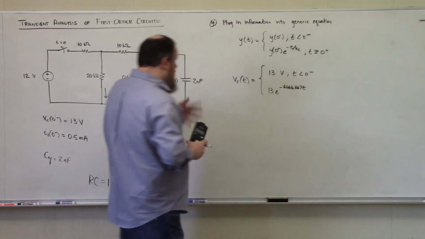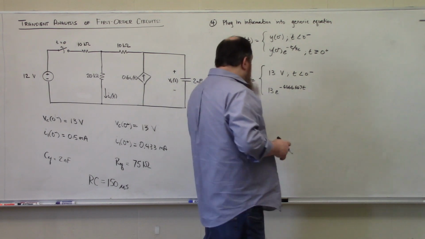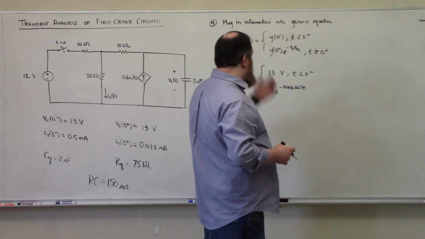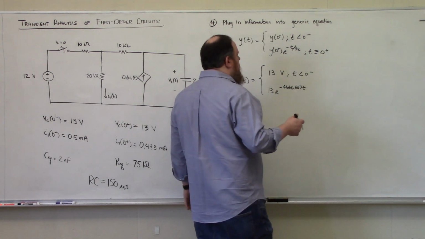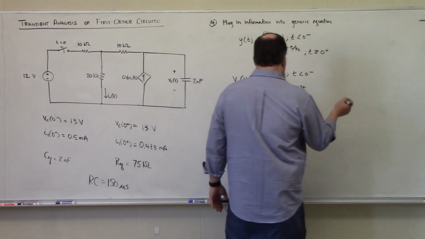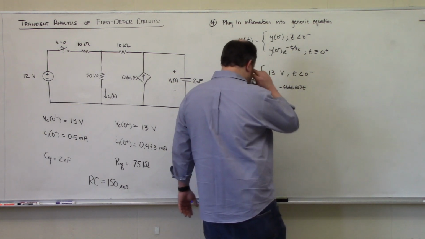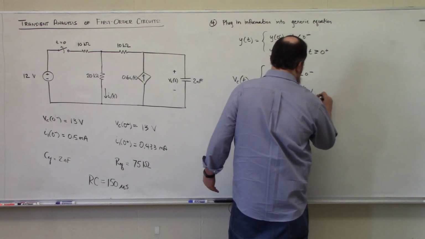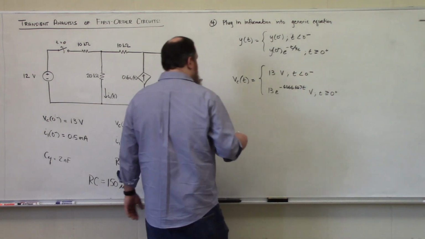So this is just the inverse of 150 microseconds. If 150 is 300 over 2, this is 2/3 with the right factor. Anyway, 13 e to the minus 6666.667 t volts for t greater than or equal to 0 plus.